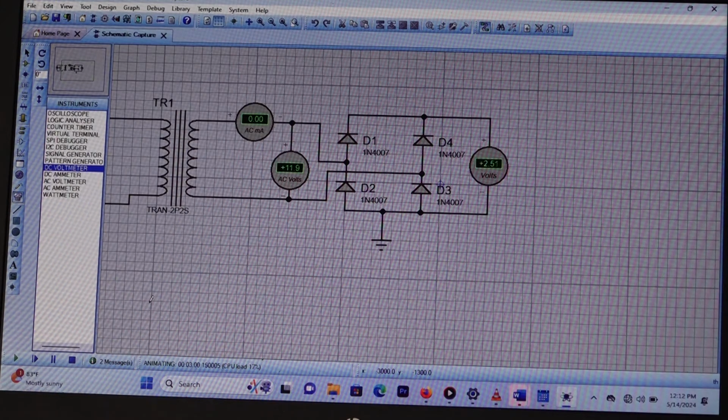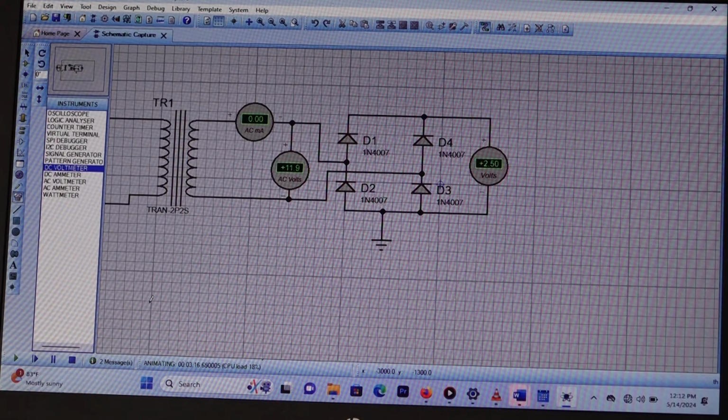So what will be the potential drop across the 2 diodes? 1.4 volts. 16.97 volts minus 1.4 volts. What do you get? 15.57 volts.